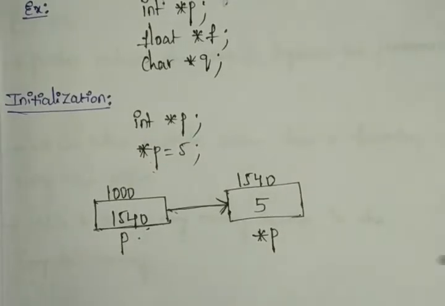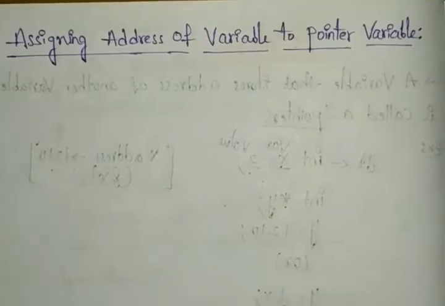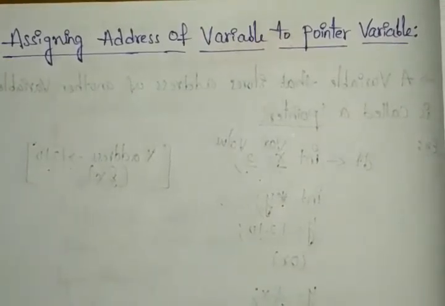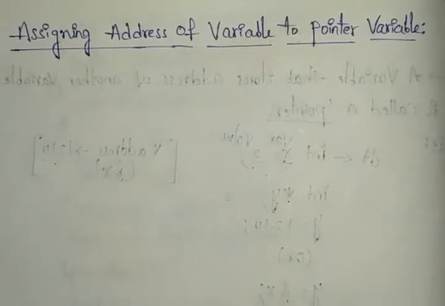Okay, and next we have assigning the address of variables to the pointer variables. Let's see how to assign the address of a variable to our pointer variable. For example, I'm choosing the pointer p again, along with defining our int variable.